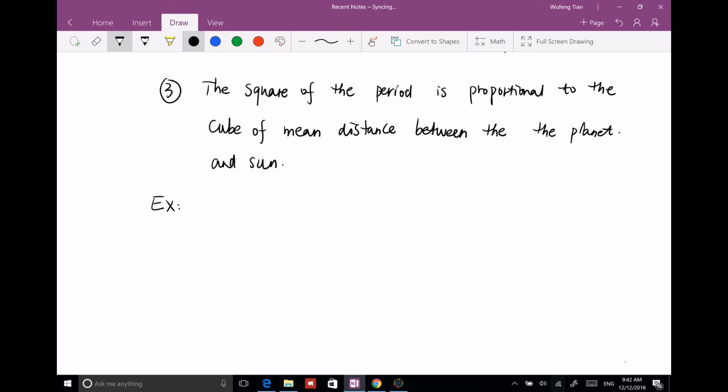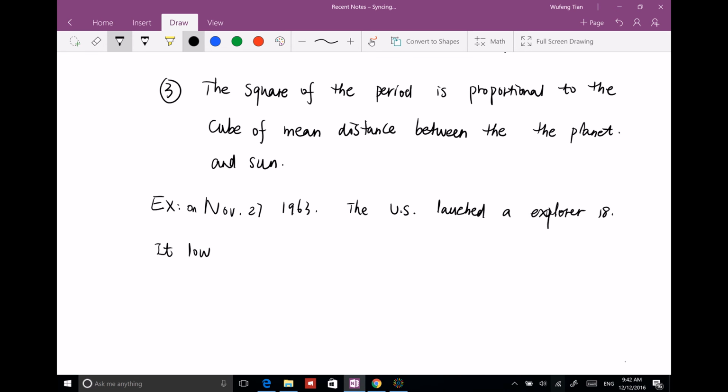Okay, so for example, on November 27, 1963, the U.S. launched Explorer 18.